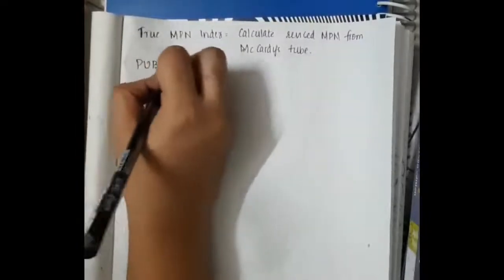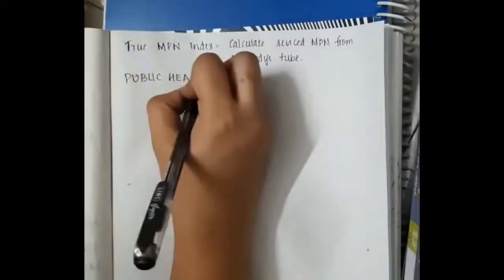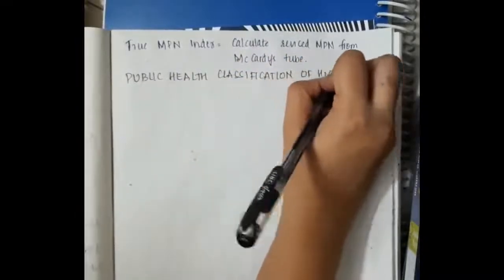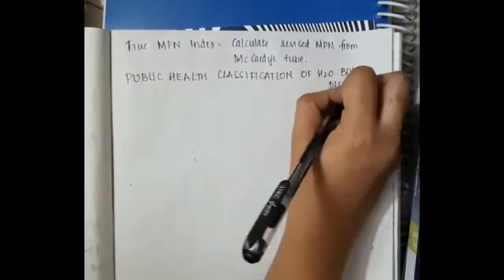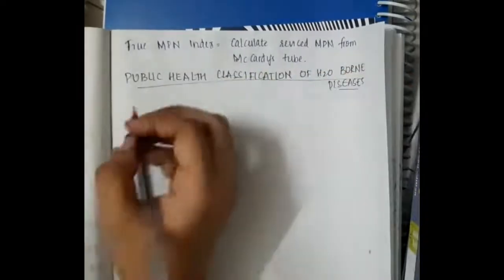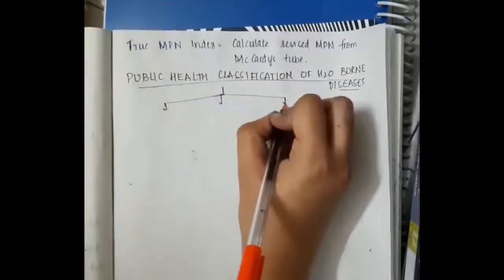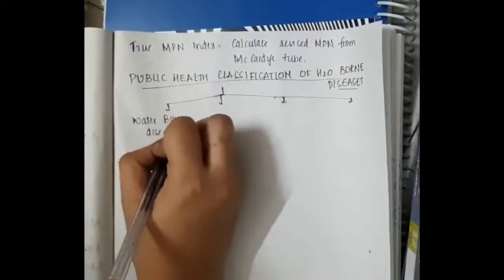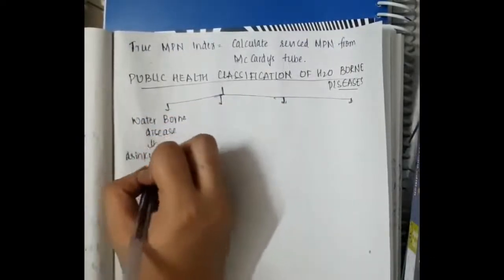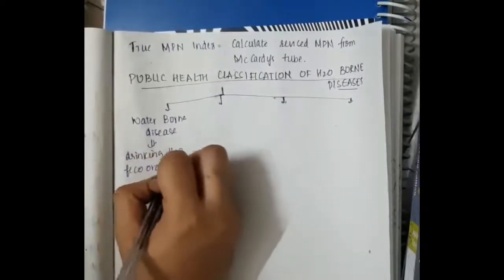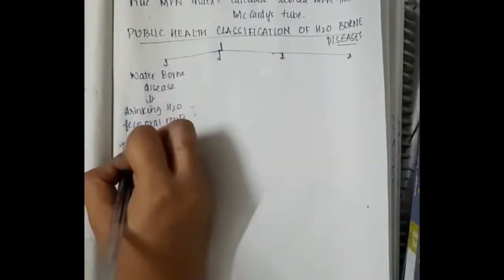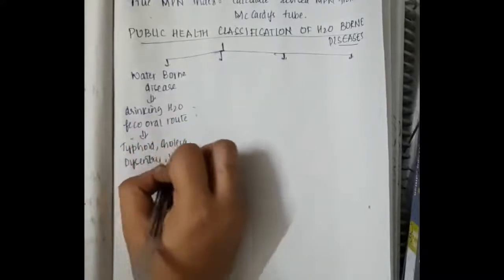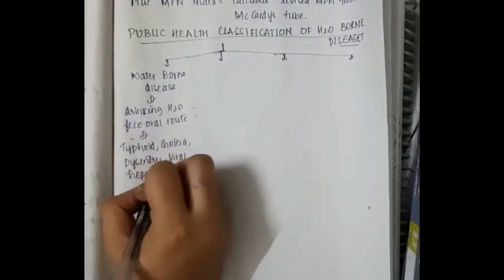Then, what is the classification of waterborne diseases? All the diseases which are related to water are classified into 4 types. First, waterborne diseases. These are transmitted through drinking water, that is the fecal-oral route. These include typhoid, cholera, dysentery and viral hepatitis.